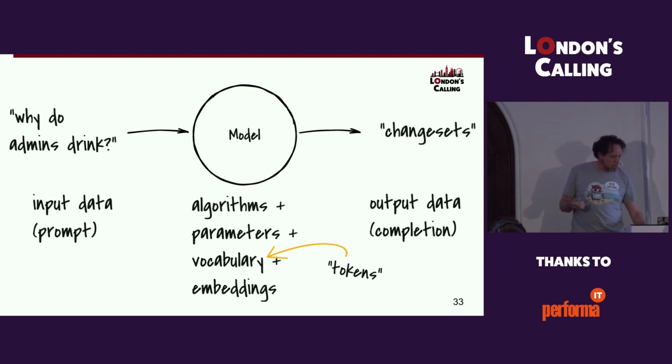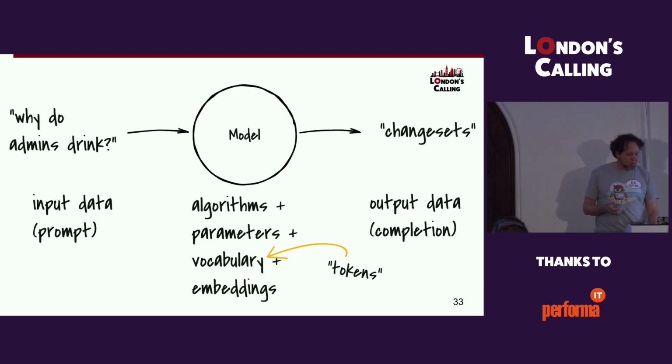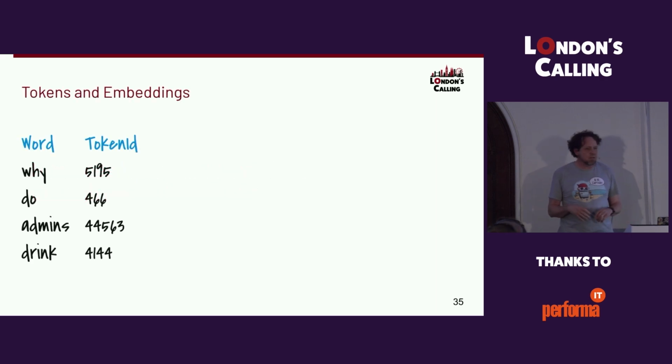And just to make it clear, when I talk about the vocabulary, that's the word tokens that you've probably heard a lot when you hear LLMs. And this is one of the things that I think is really important to understand, because how do you take text and do math on text? That's really where tokens do come in. Because the language model itself never sees the words.